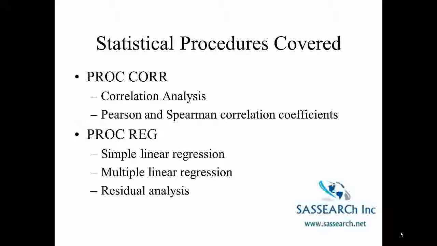The ability of Proc Reg to do residual analysis is unequaled in other SAS procedures and is the main reason for developing regression models using Proc Reg rather than using Proc GLM. So you can do regression with Proc GLM, but if you're going to be doing a lot of residual analysis, I recommend using Proc Reg.